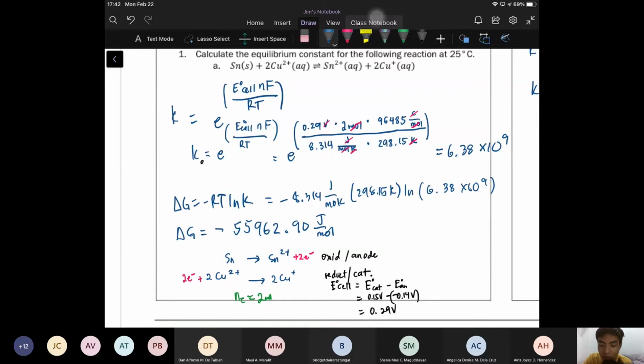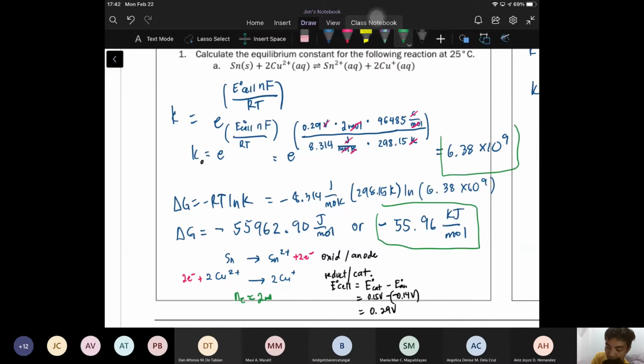Okay. We commonly express delta G in kilojoules per mole. So to convert it into kilojoules, that's just divide it by 1,000. So you will get negative 55.96 kilojoules per mole. Okay. So that's our answer.